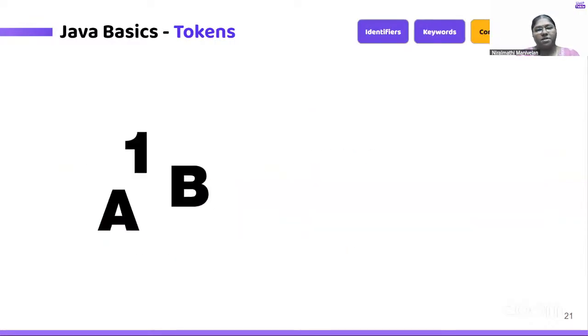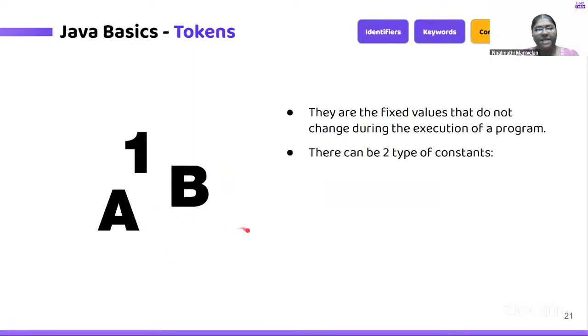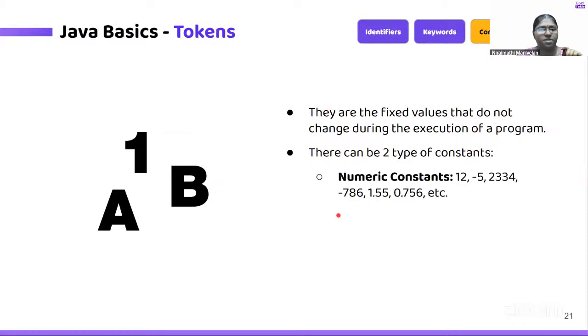Then constant. So what is a constant basically? A constant is a thing that cannot be changed. Throughout the program, it remains the same. They are fixed values that do not change during the execution of the program. And there are two types of constants: one is the numeric constant and then character constants.